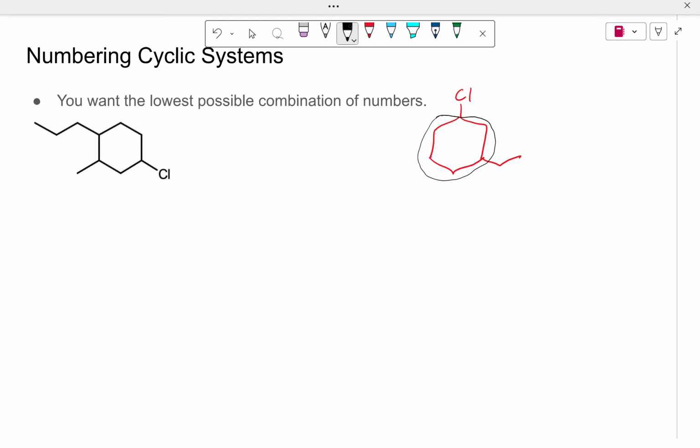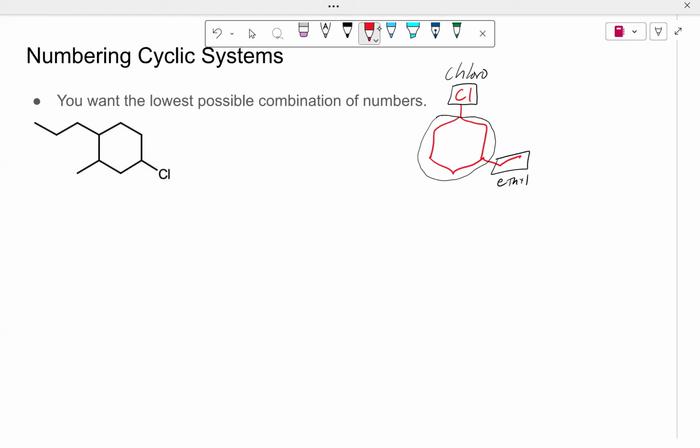On this carbon, I have a chloro substituent, and over here, I have an ethyl substituent. Because those groups could be arranged in any number of ways on cyclohexane, I do need to give it a locator. I have to number them.